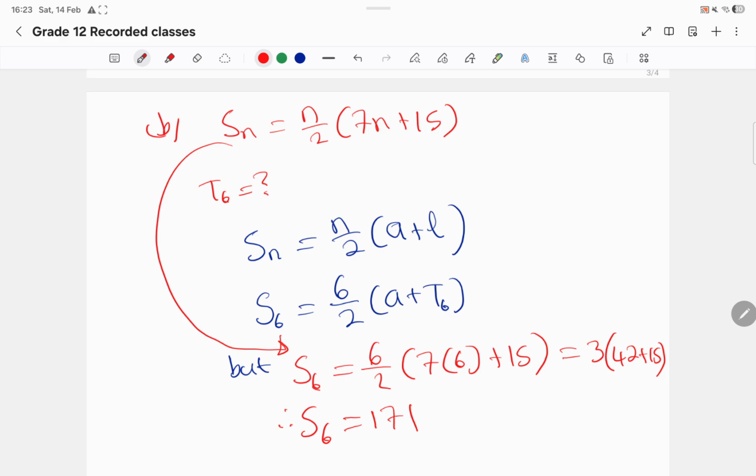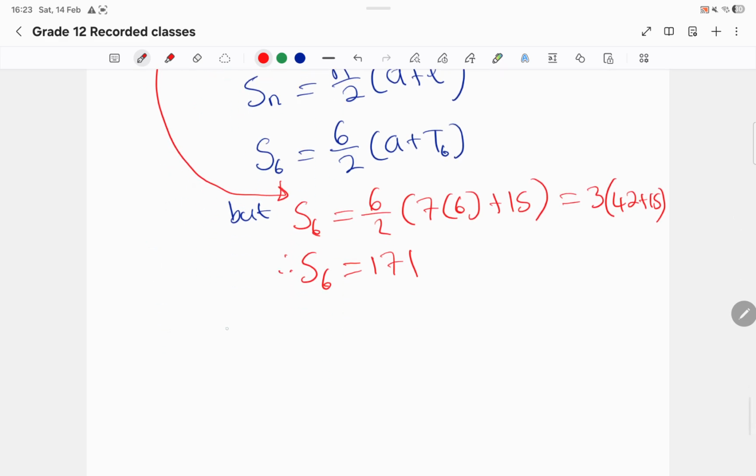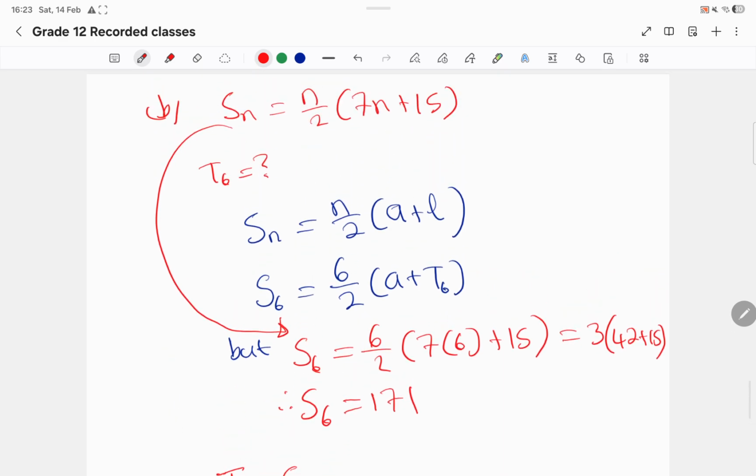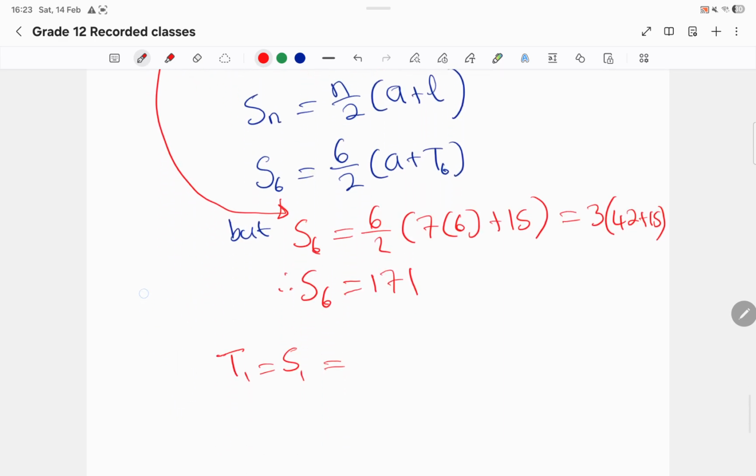But what is T6? We can use this formula, however, we don't know what a is. Now, this is what I want to show you. Our T1 will be the same as S1. When you add only the first term, it's the same as term 1. So we can use this formula to get the first term, which is 1 over 2 into (7 into 1 plus 15).